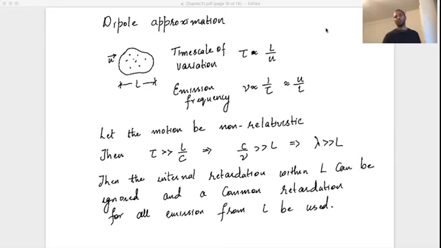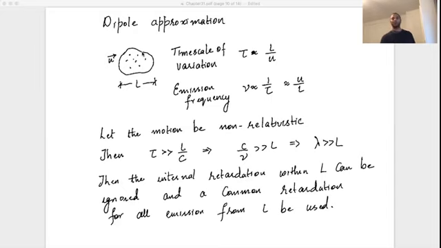That means that for an observer far, far away, the observer is going to see different amounts of retardation from the two charges. Now, as long as this condition is satisfied, that difference in the amount of retardation is so small that you can basically ignore it and just use one common retardation for the entire cloud of particles.